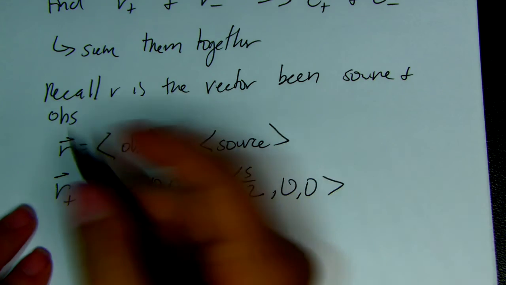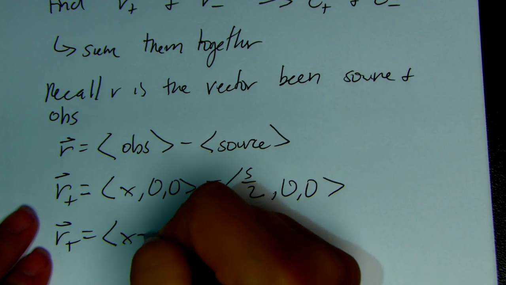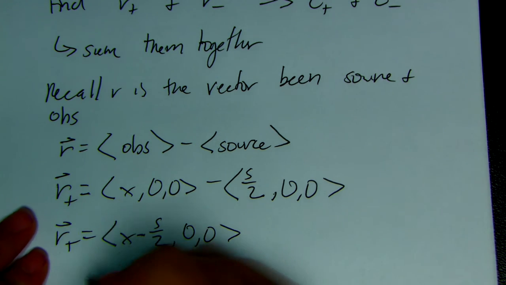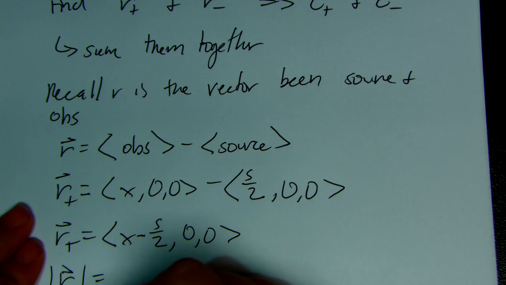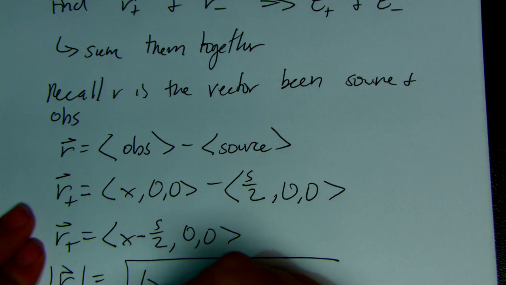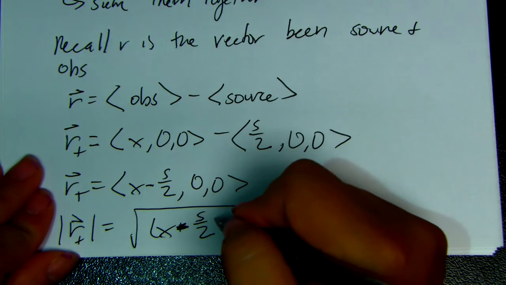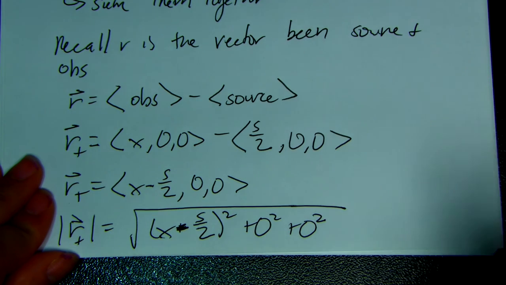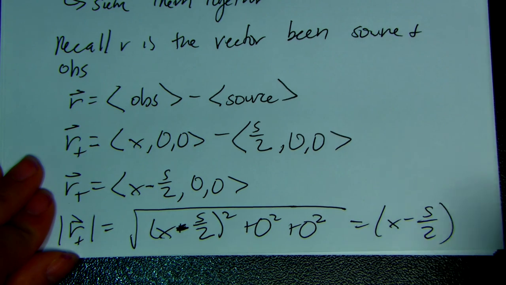Okay, so r plus is equal to x minus s over 2, 0, 0. Now we need to find the magnitude of r plus. So this is going to be equal to the square root of x minus s over 2 quantity squared plus 0 squared plus 0 squared, which is equal to x minus s over 2.